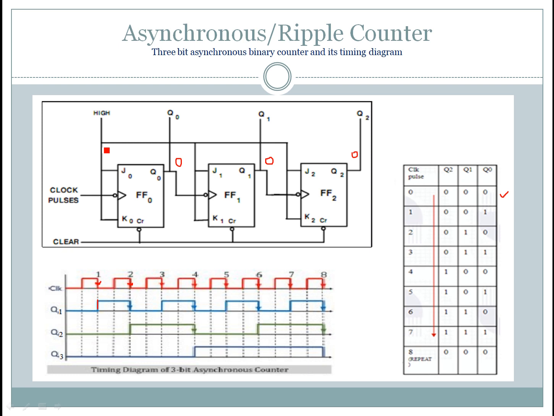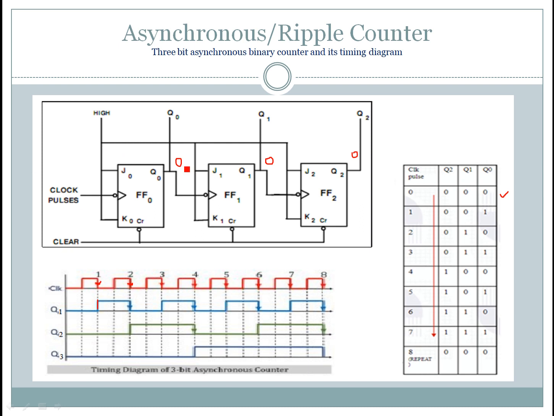Already we know that in a JK flip-flop, if both J and K are high, the output toggles. Toggle means if the previous output is 0, then it becomes 1. If it is 1, then it becomes 0.